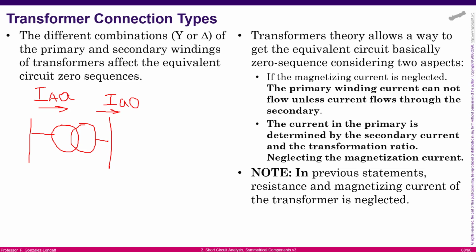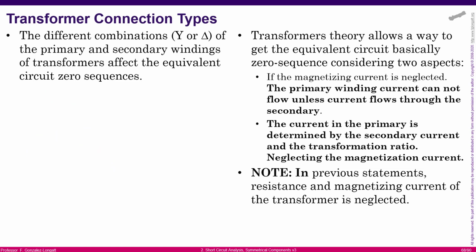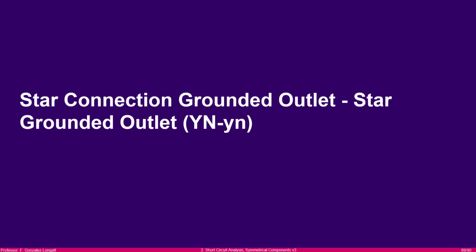If we neglect the magnetizing branch, the primary winding current cannot flow unless the current is moving on the other side, okay? And now what I will do is apply this statement in order to determine the sequence network for the two-winding transformer, okay?